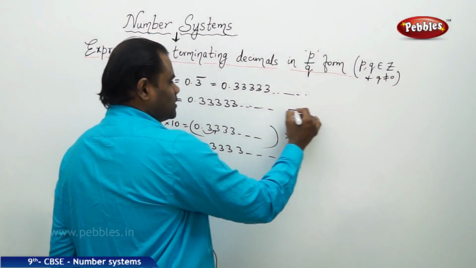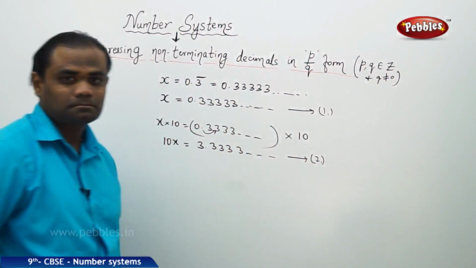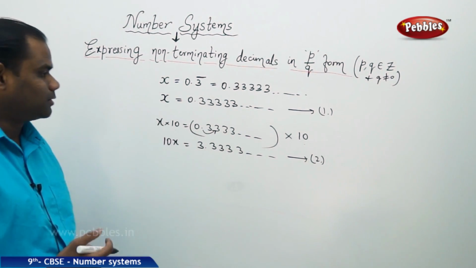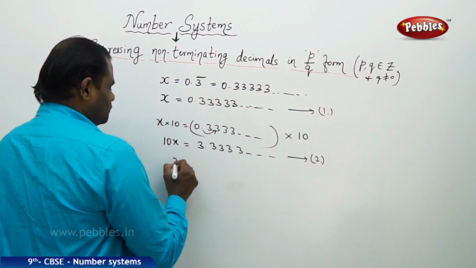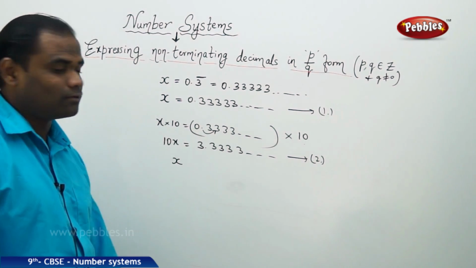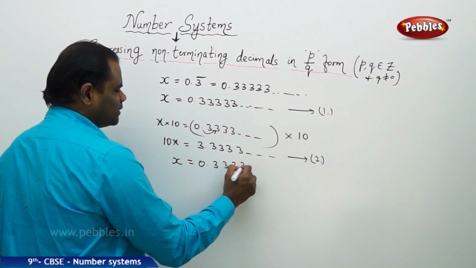So I have two equations here, equation 1 and equation 2. Equation 2 is 10x equals 3.333 and so on, and equation 1 is x equals 0.333 and so on.